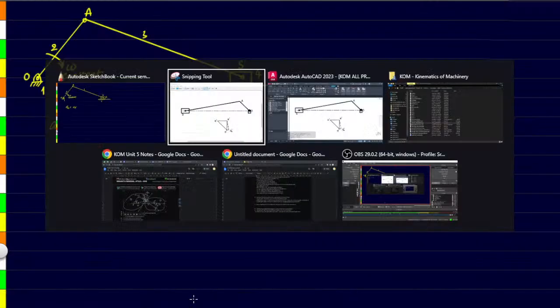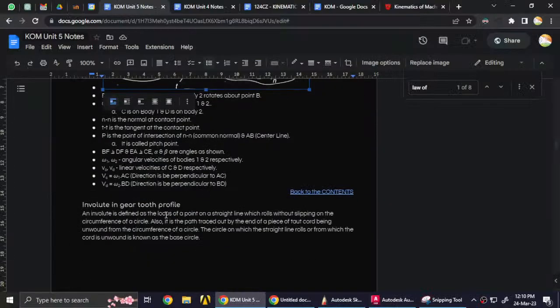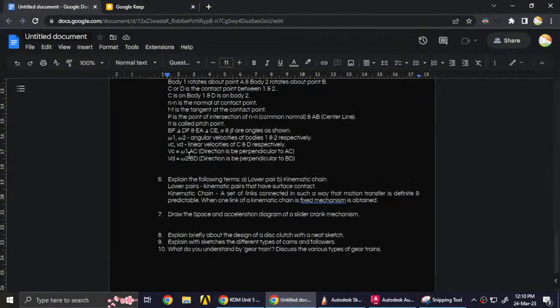The upper one is the position diagram, the lower one is the acceleration diagram. Okay, this is what we want.